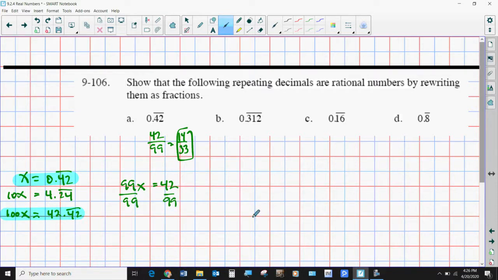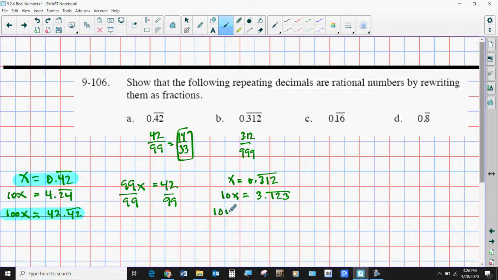And there you go. When you look at this one, you're going to have to multiply times 1,000 to get this guy over. So that's how you're going to end up with 312 over 999. Do you want to see that? Yeah, let's go ahead and work that one out. So we know that x is equal to 0.312 repeated. When you multiply that times 10, that only moves the decimal 1 place to the right.